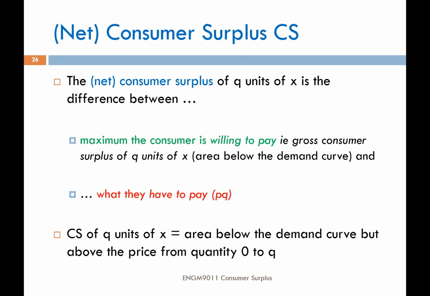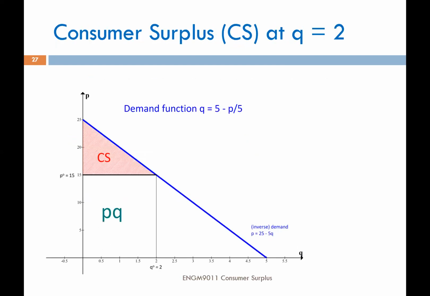Okay, so let's see what it looks like on our diagram. All right. So we know the gross consumer surplus of consuming 2 units of good X is $40, right? It's worth $40 to you for good X, but you had to pay $30, right? P times Q is 2 times 15, right?